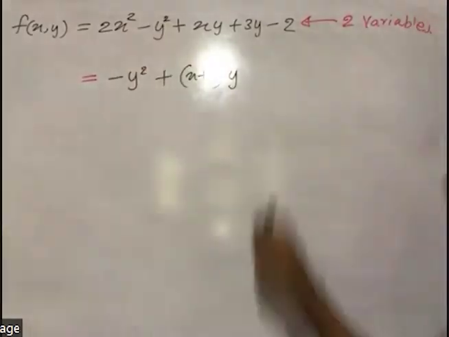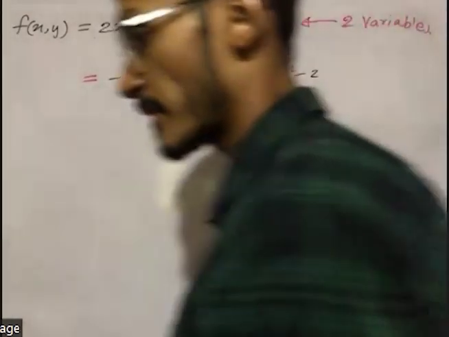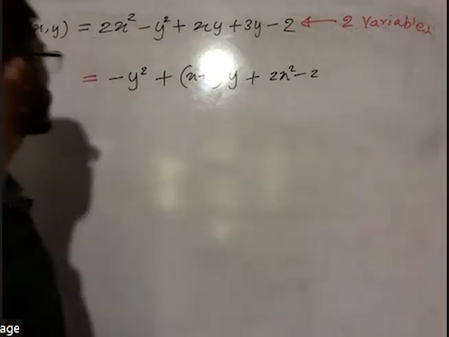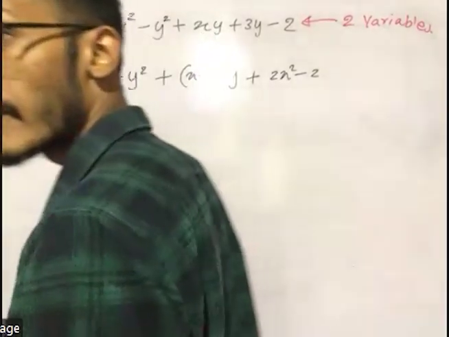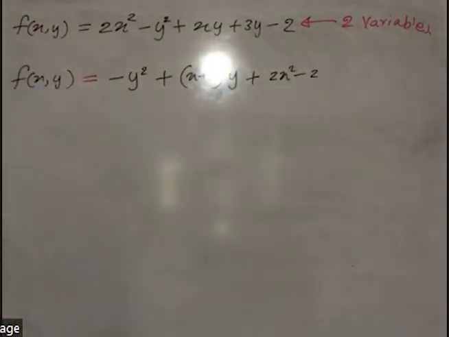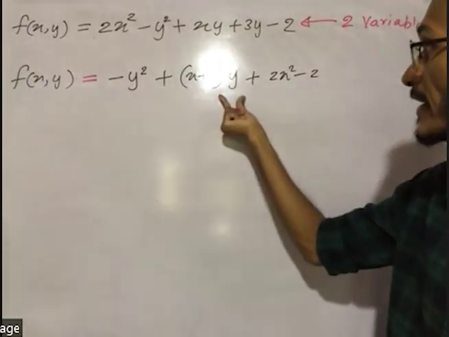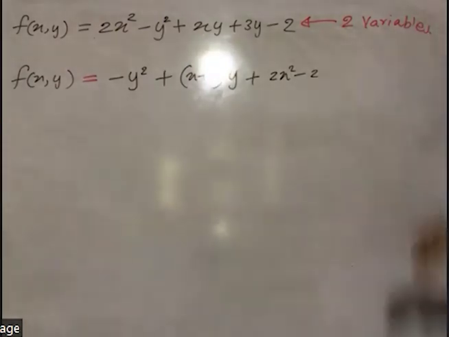Then we have plus 2x² − 2. Now this is a quadratic equation of y. Here we have y² term, here we have y term, and here this is a constant term. We have assumed x as a constant.